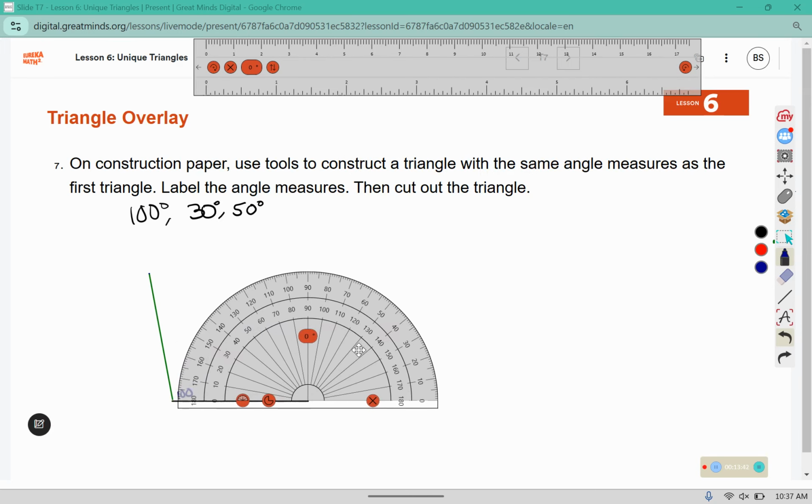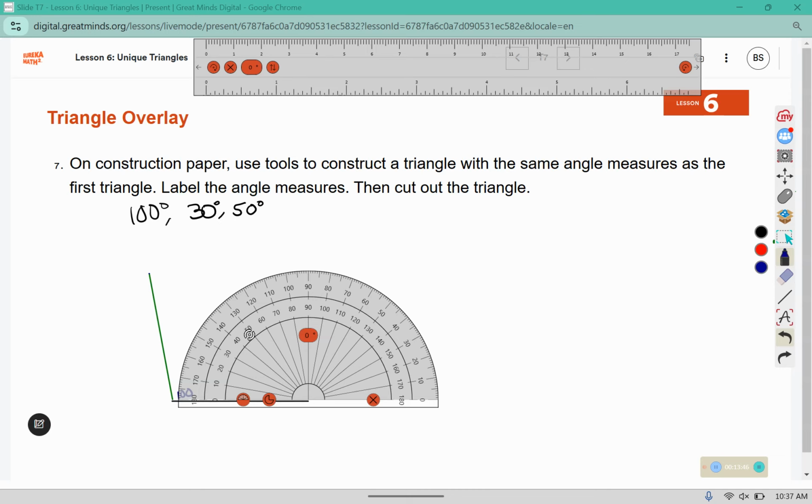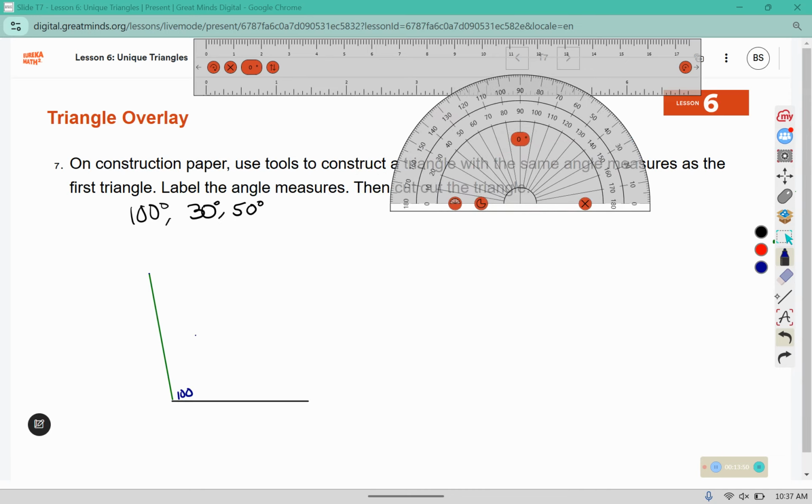And then we're going to create a mark at 30. So here we have 10, 20, 30. We'll connect these using a straight edge. Label that with 30. And then this angle up here has to be 50.